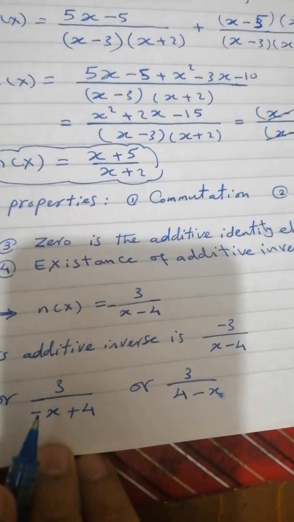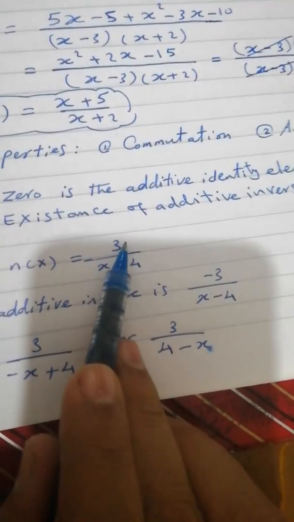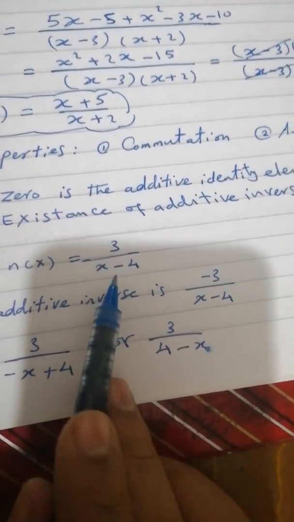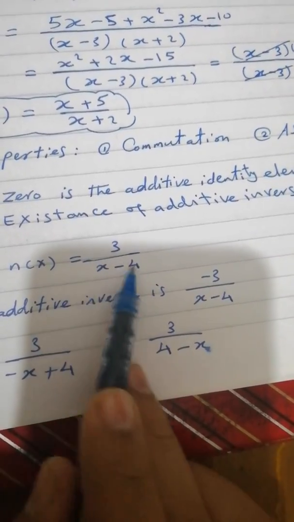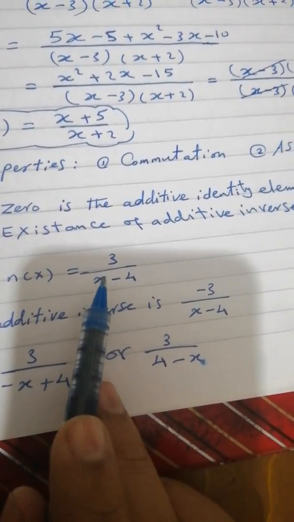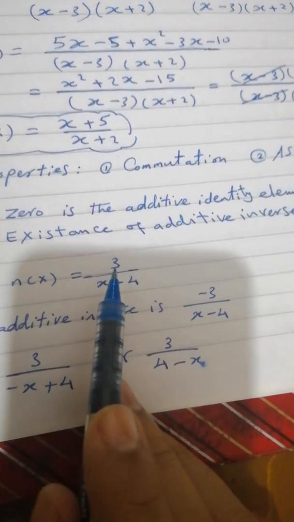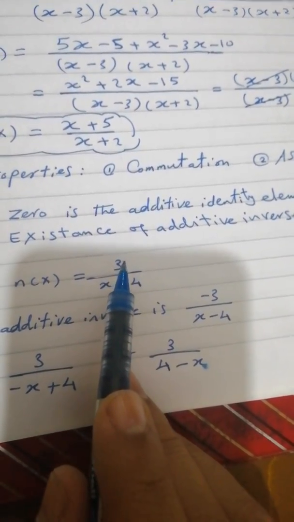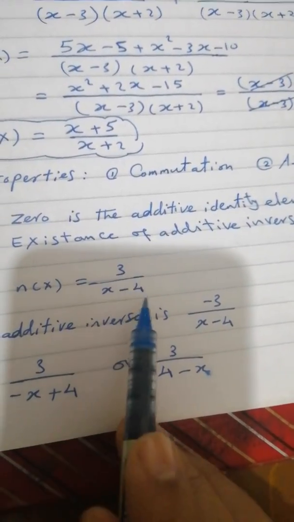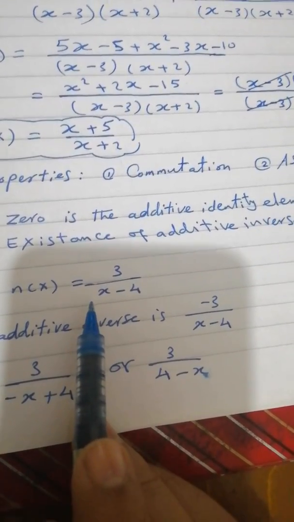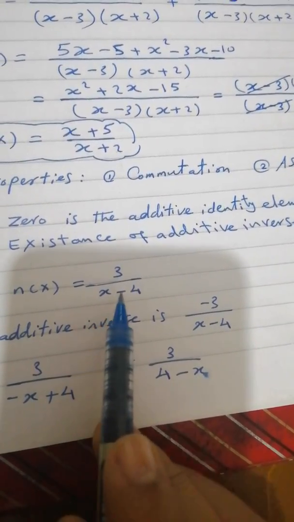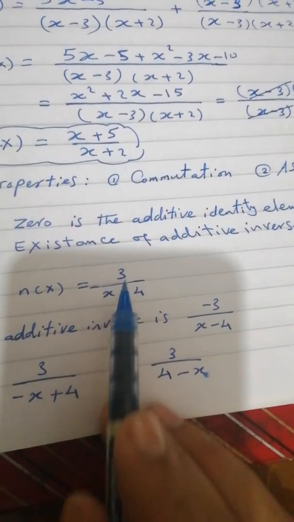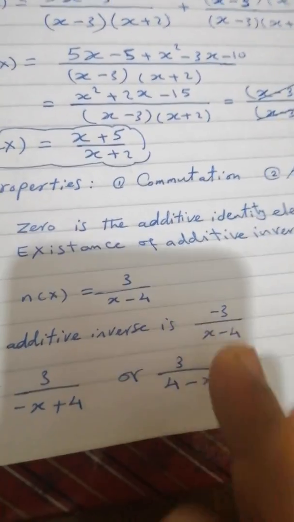You change the sign of the numerator or the sign of the denominator, not together. You can't change the sign of the numerator and the sign of the denominator together.